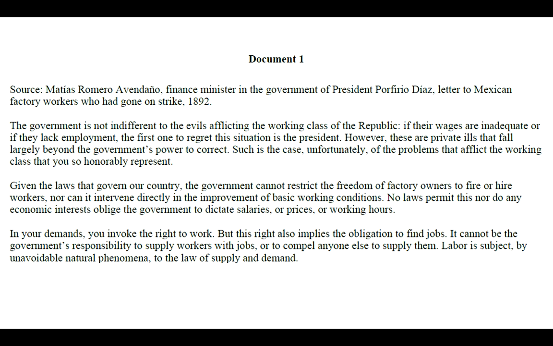All right, so I'm going to start with the source: finance minister and the government, letter to Mexican factory workers who had gone on strike, 1892. Okay, so read it, underline it.